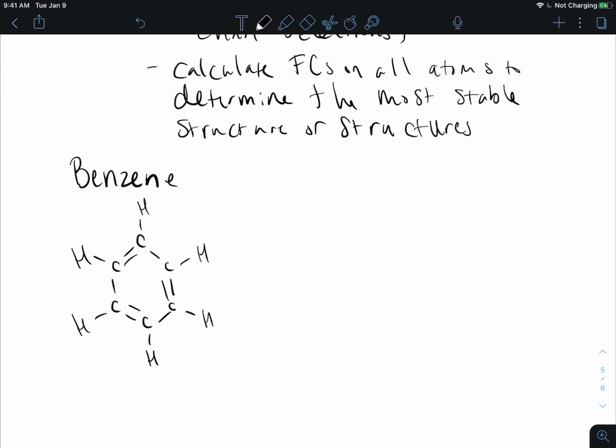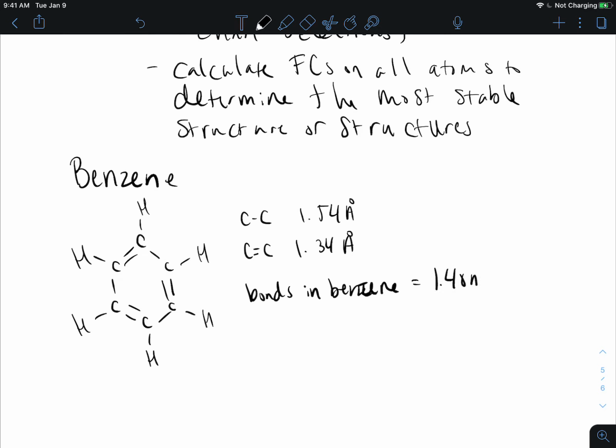So it looks like alternating single and double bonds, where a carbon-carbon single bond is 1.54 angstroms, a carbon-carbon double bond is 1.34 angstroms, but the bonds in benzene are all 1.40 angstroms, meaning that they are somewhere between the two.